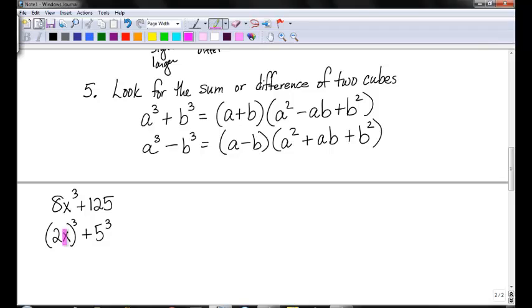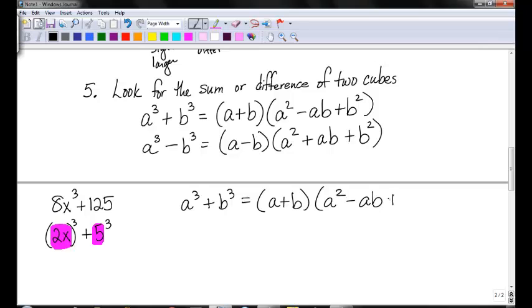So this is my A, this is my B. Then I can write down the pattern and it's plus. This is the easiest way to do this. Write down the pattern, and then put in my 2x cubed plus my 5.